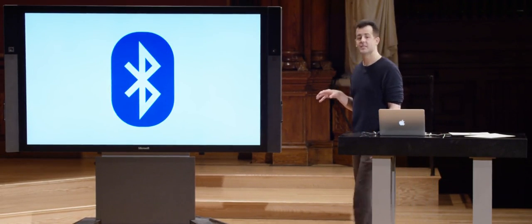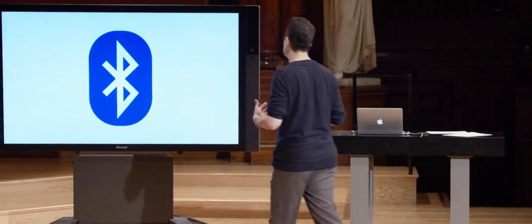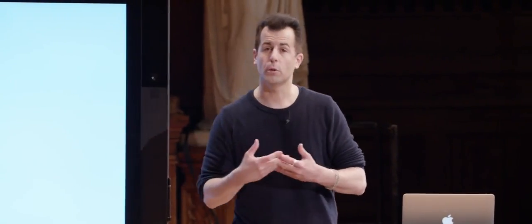In fact, devices that you might want to connect to your computer without a cable would tend to use not Wi-Fi, but another wireless technology called Bluetooth that Windows computers and Macs alike support these days. So if you have a wireless keyboard at home or at work, or a wireless mouse, or any number of other devices that are wirelessly communicating with your computer, perhaps even your headphones these days, odds are those are using Bluetooth, which has a limited range of just so many feet.